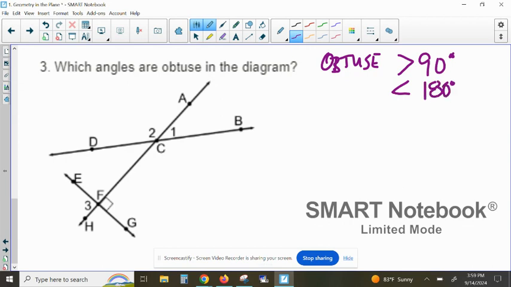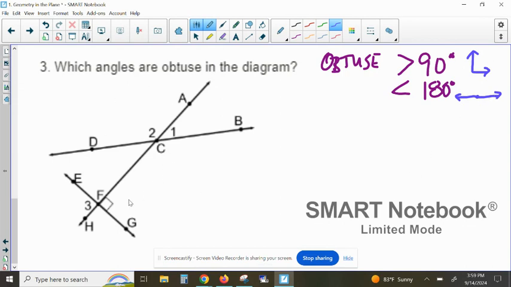So remember, a 90-degree angle looks like this, open that much. And 180 is going to be when you have an angle that's open all the way straight. So that means it has to be open more than 90 degrees. So think about taking this arm and swinging it wider than 90 degrees, but don't go past 180.